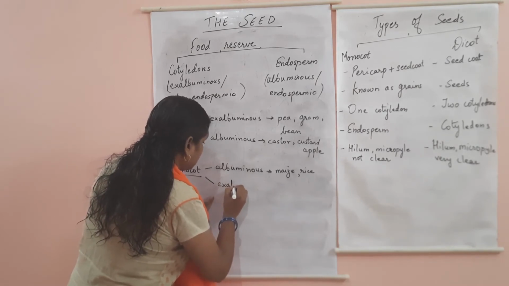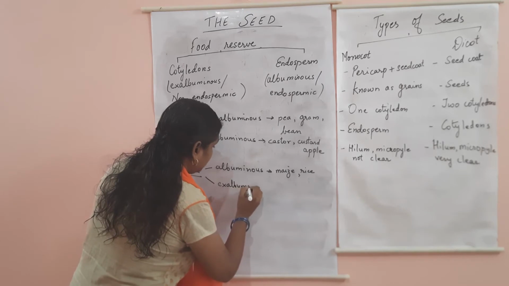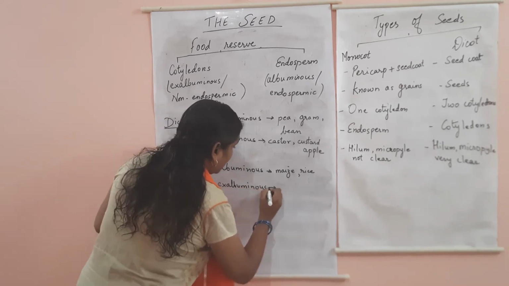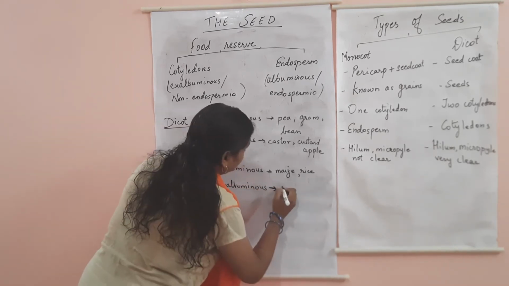So such plants or such seeds are known as exalbuminous seeds, and the example is your alisma.